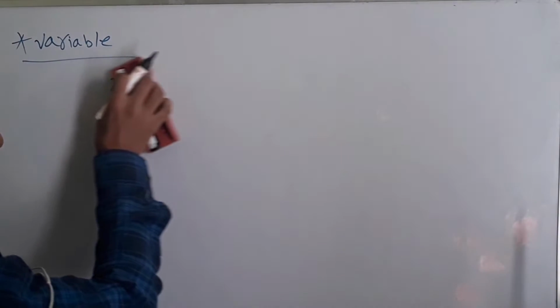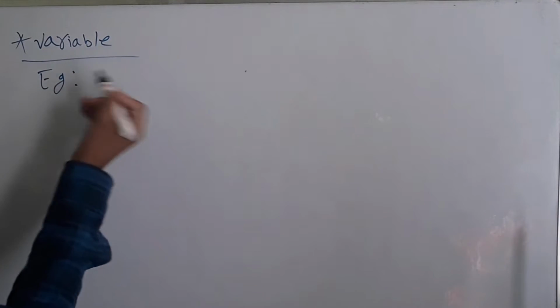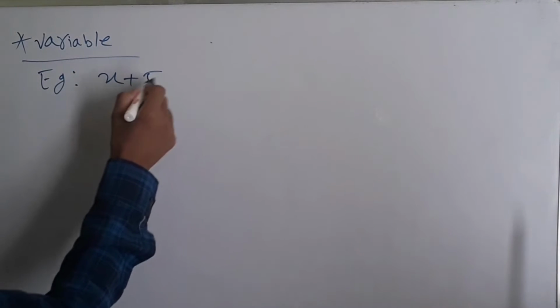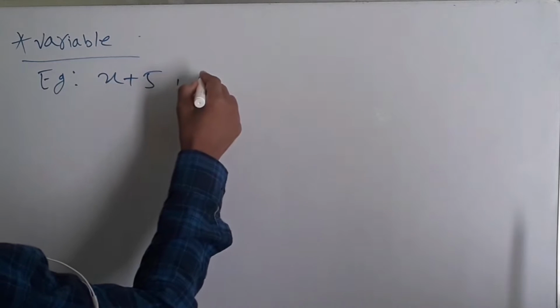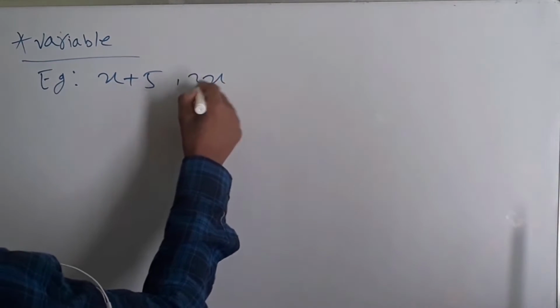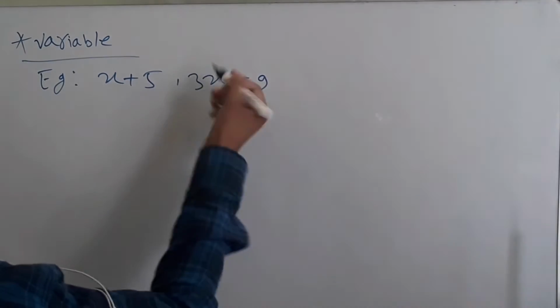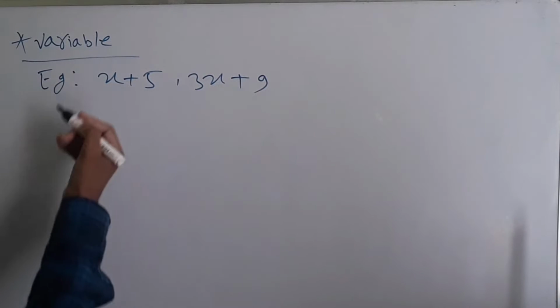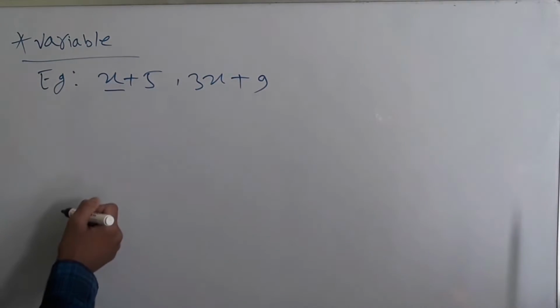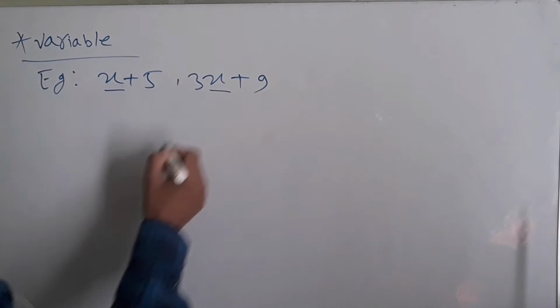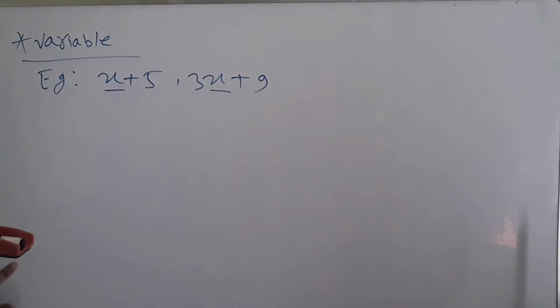An example of a variable would be x in this expression. Here x is the variable. In an expression like 3x plus 9, x is the variable here. All the terms that are underlined are variables.